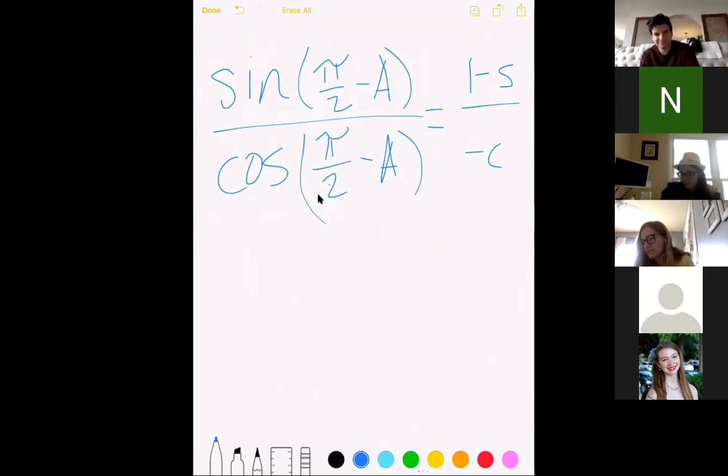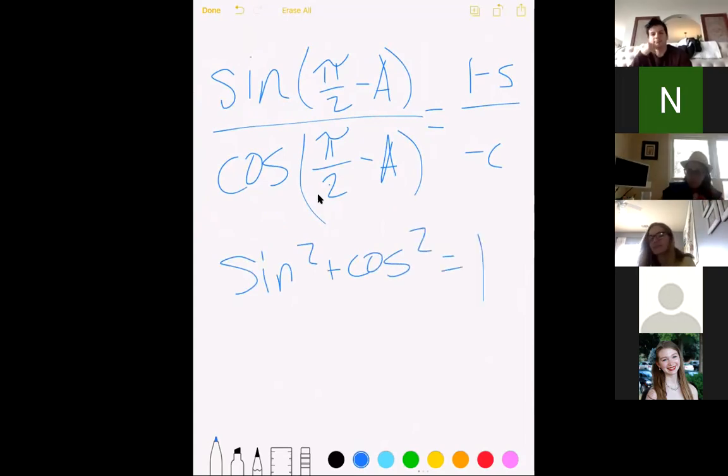We have to get it to be 1 over the tangent of a, which would be cosine over sine. I think it has to do with the sine squared plus cosine squared equals 1 identity, but I don't know that that's right off the top of my head, so I'm not going to teach it to you wrong and instead wait to teach it to you guys correctly.